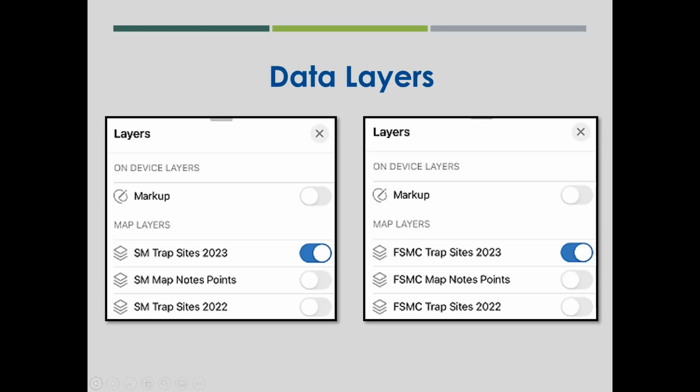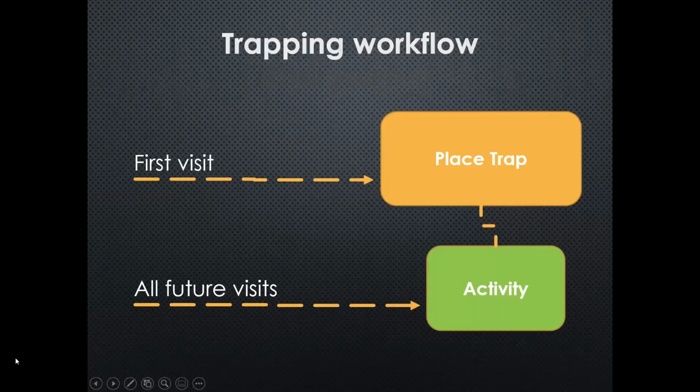But first I want to talk through just a trapping workflow as it is recorded. As far as this data form goes, the first visit to a site is placing that trap. That places a point on the map, and that map point is symbolized as current to start with. That first data form also has a field that says install date, so it's inferring that that trap was placed. It's been installed.